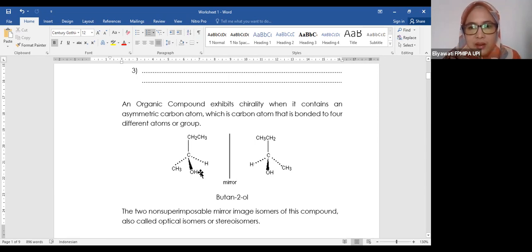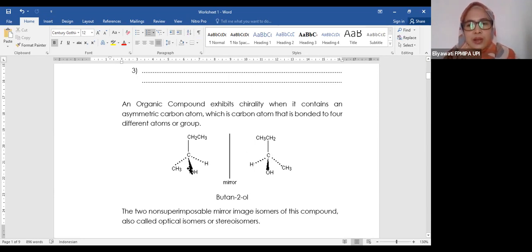In here, hydrogen element. We can say the two compounds are non-superimposable. They cannot replace each other.